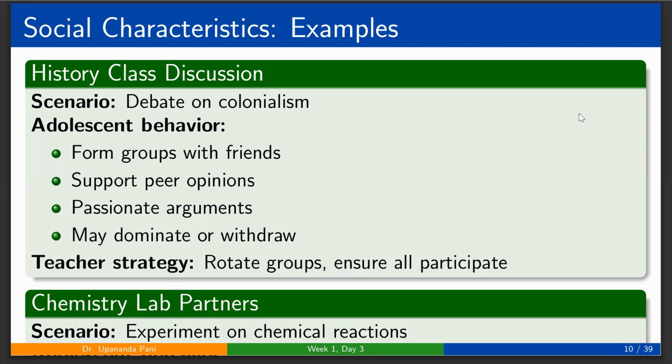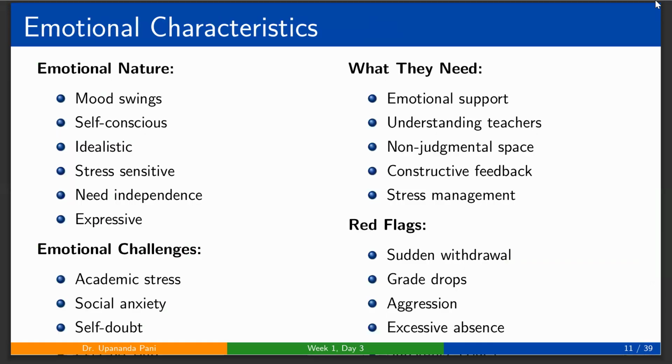They may dominate or withdraw. So the teacher strategy will be to rotate groups, ensure all participate. So similarly for the chemistry lab partners, we can say that the experiment we can do it. So we'll skip that.